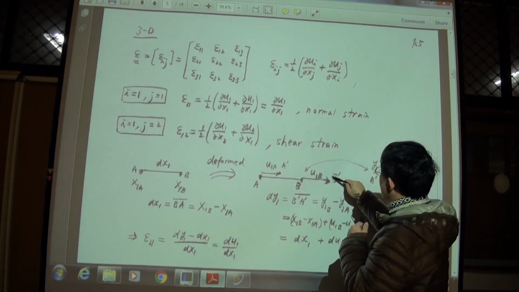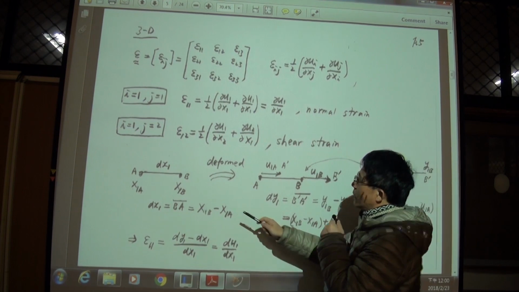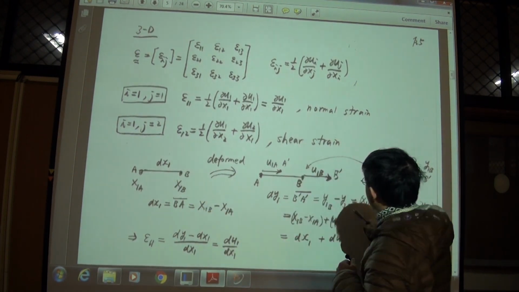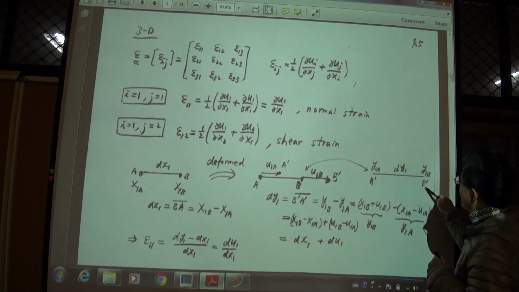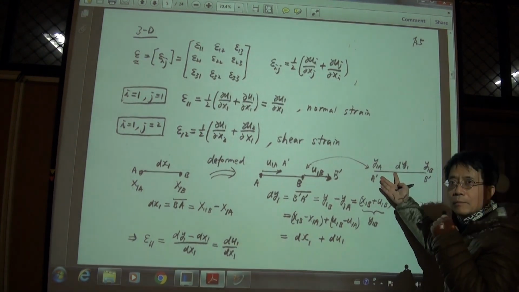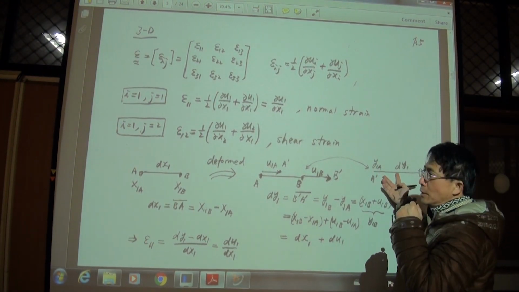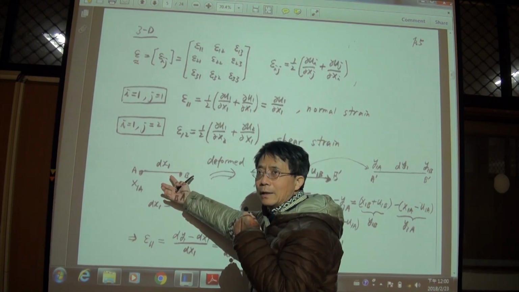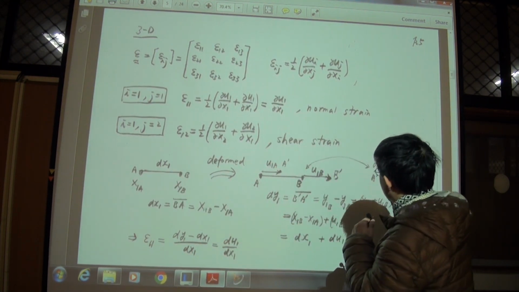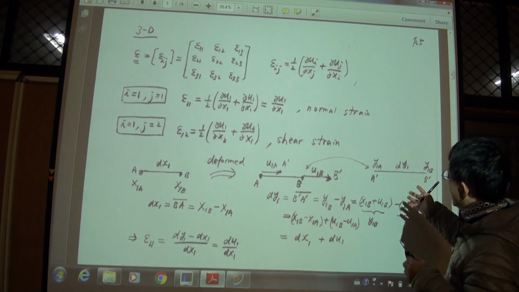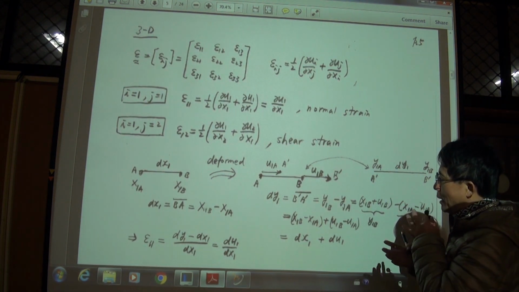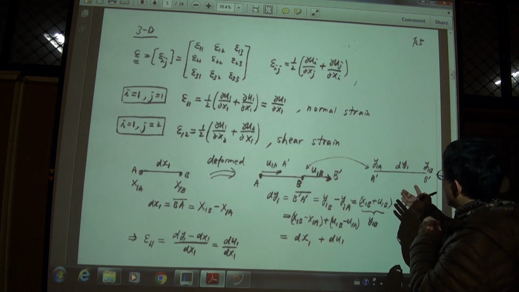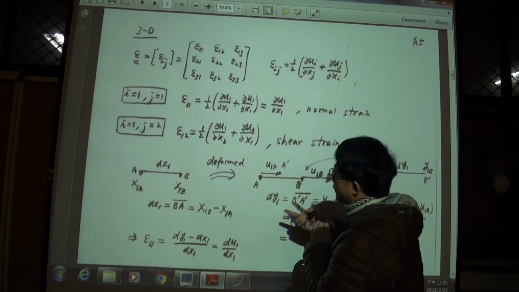From AB, it deforms to A prime B prime. This is the material line after the deformation, and this is the material line before the deformation, okay? So it becomes longer. So we want to compute the difference of the length of this material line.